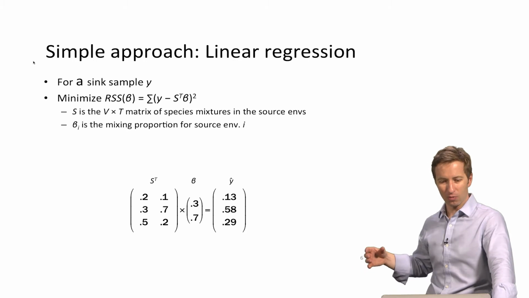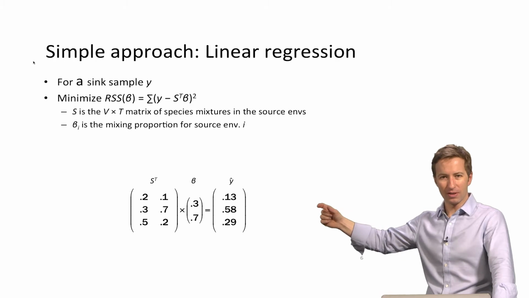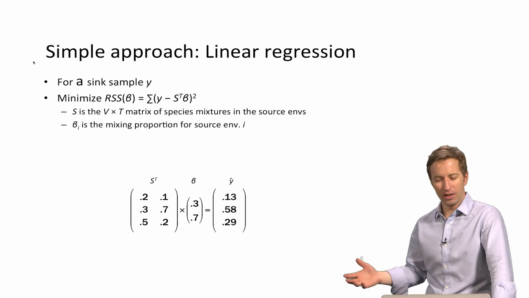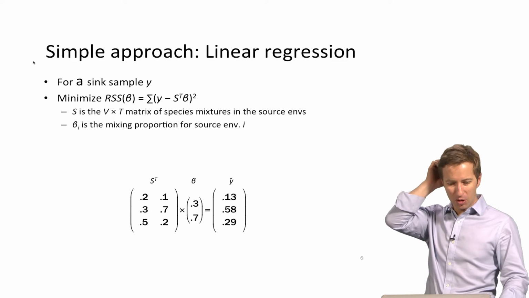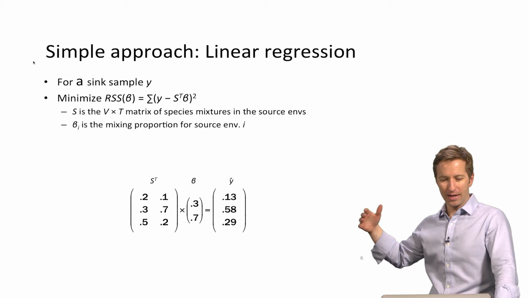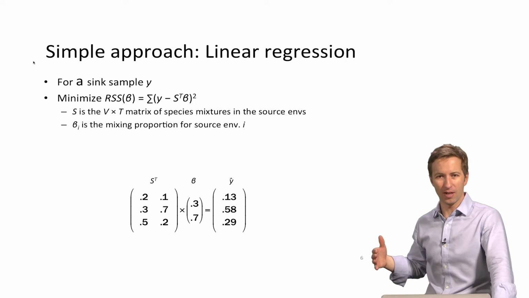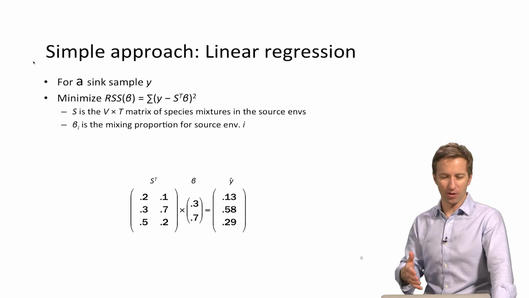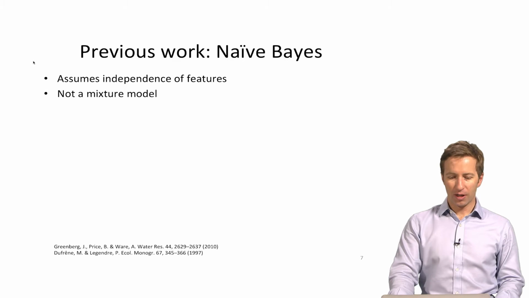That's Y or Y hat. And then beta is just the mixing proportions. So it's a simple linear regression problem. We try to minimize the sum of squared errors between S times beta, which gives us our fitted sink sample, and the actual sink sample that we observed. So this is one naive approach.